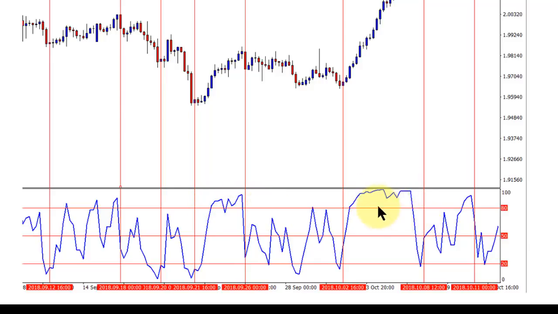But a sharp hook adds more confidence. So it's a bit like a divergence. It just gives you confidence. If you're trading, you might want to trade this in conjunction with other techniques.